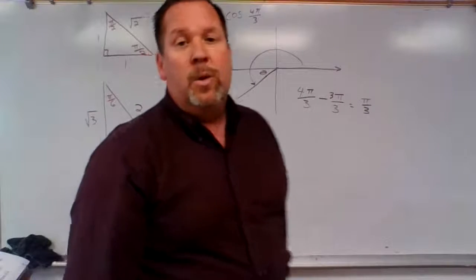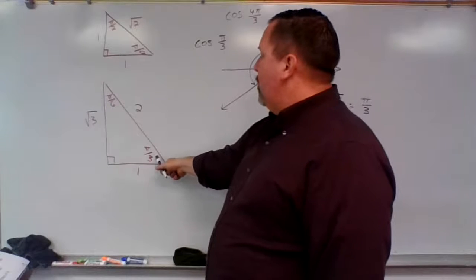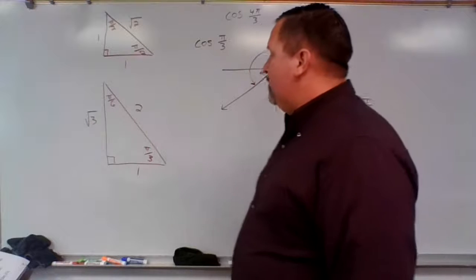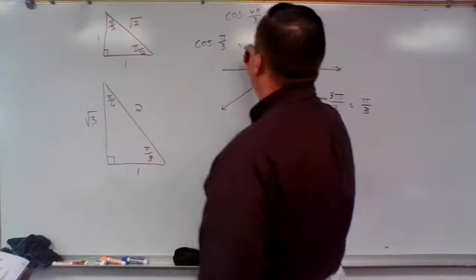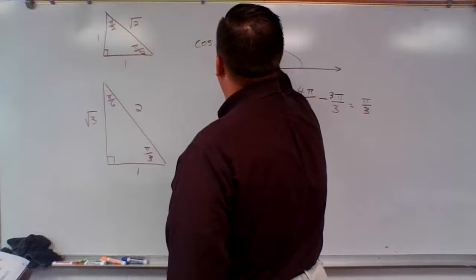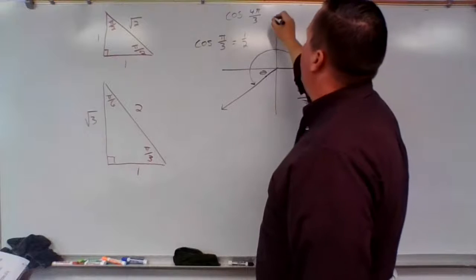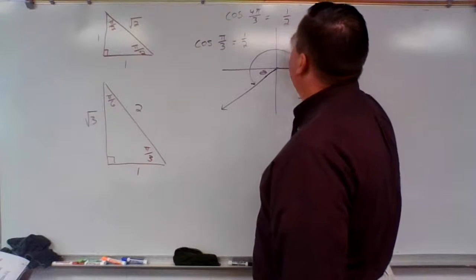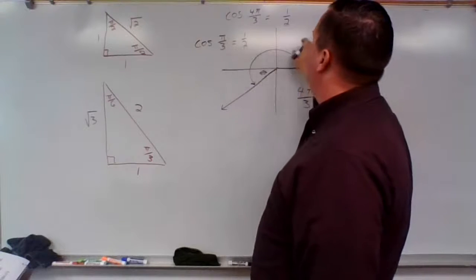Well, pi over 3 is one of my special angles again. And so I'm going to find the cosine, adjacent over hypotenuse. The cosine of pi over 3 is 1/2. And so I know that the cosine of 4 pi over 3 is going to be the same value, except the only difference: in the first quadrant, this is a positive 1/2.